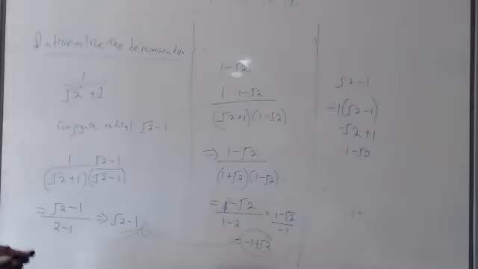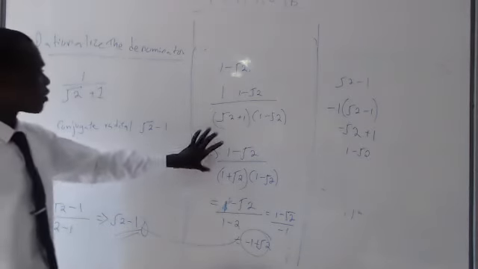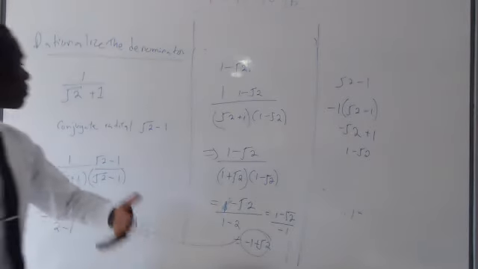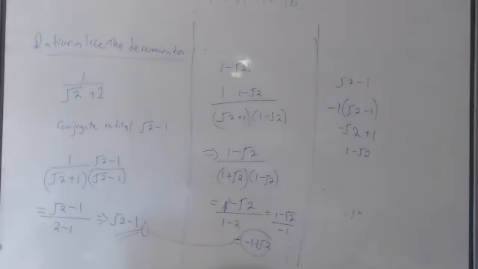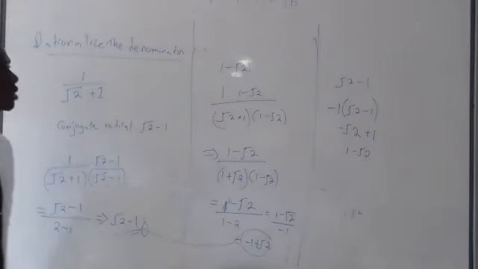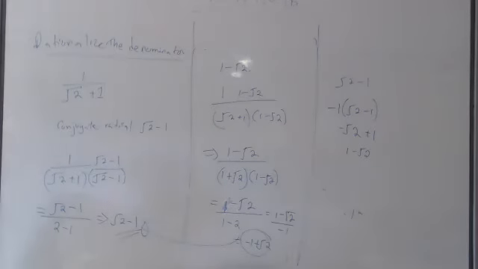This is what I have here. So the point I wanted to drive home is that the conjugate radical or its additive inverse will always work. You might use the radical or use its additive inverse.